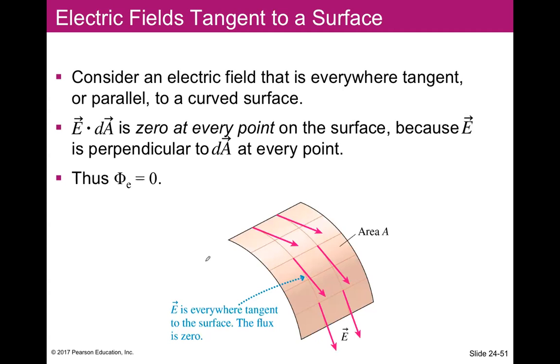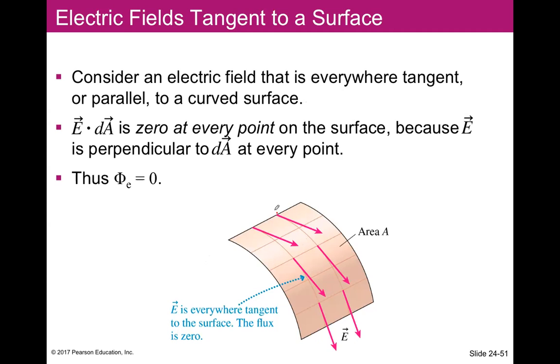Now, let's consider an electric field that is everywhere tangent or parallel to a curved surface. Then what will happen? If you know a surface, and the electric field is always tangent to any point of the surface.